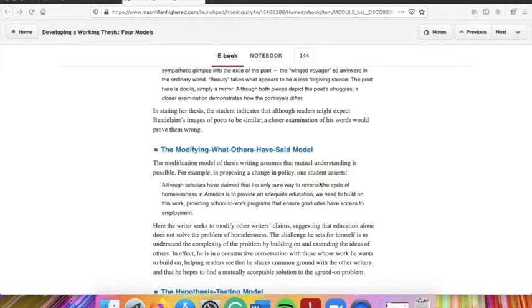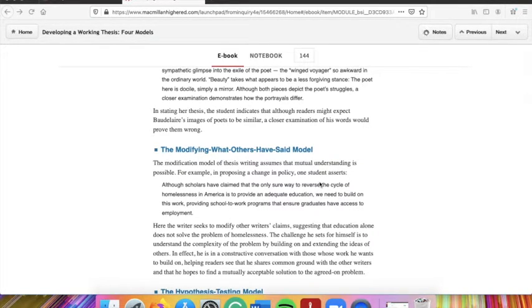So as you can kind of see here, he's modifying what other writers are claiming. He's just suggesting that education alone will not solve the problem, that we need to go beyond that and look at how to help put people in a position to find work after they've completed school.